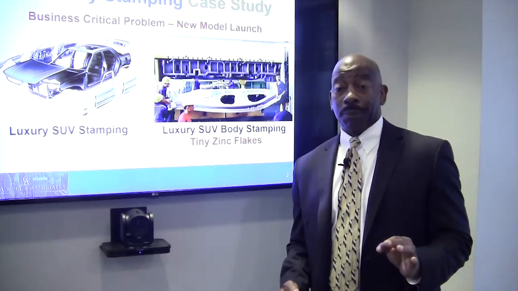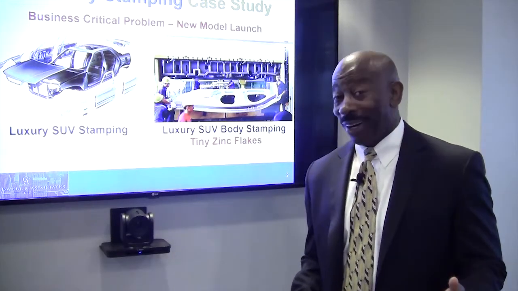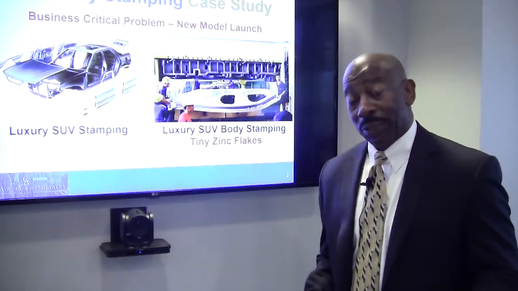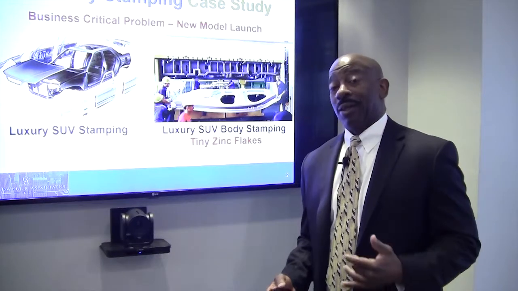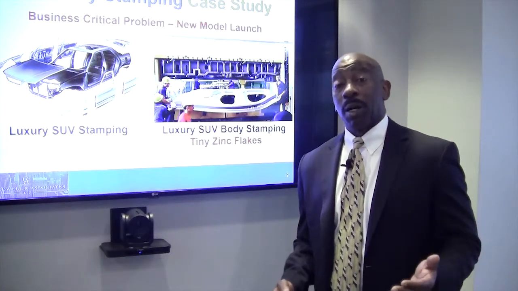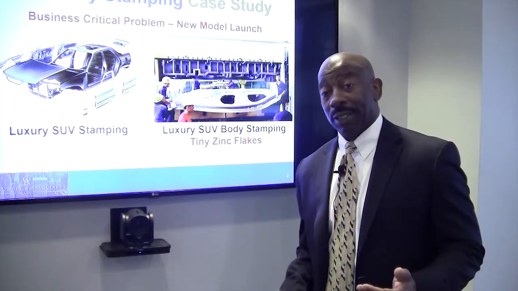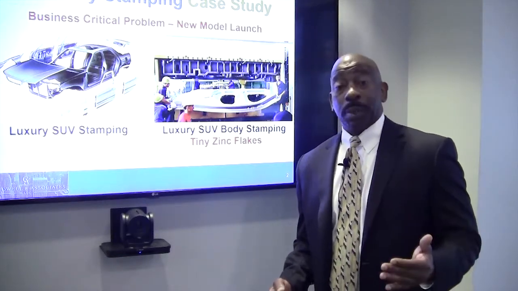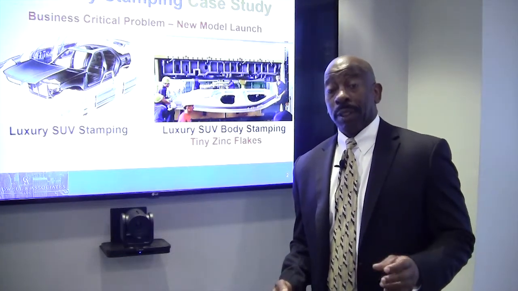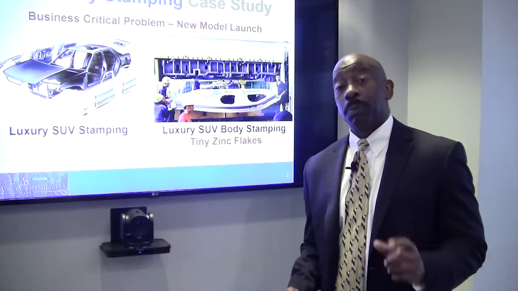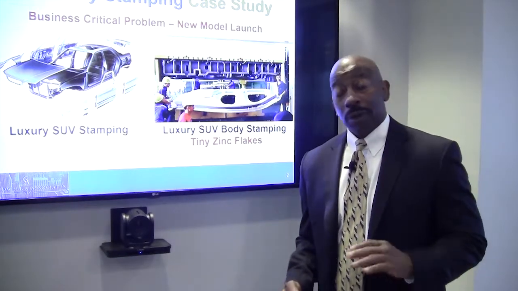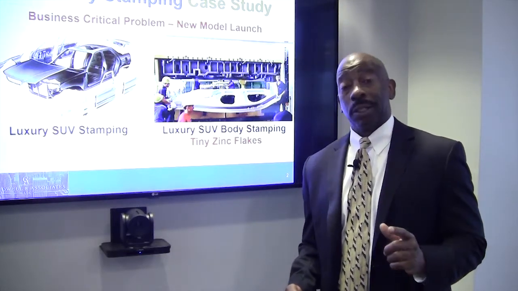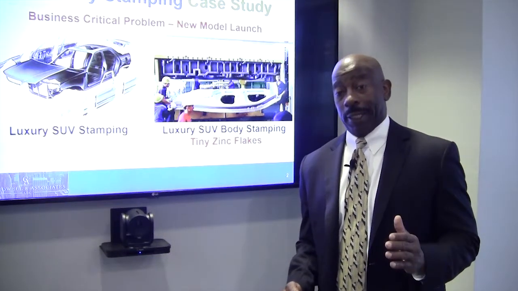That's the problem. Because obviously, in a luxury car, you do not want tiny zinc flakes to get into your production and cause errors and problems in making the car or painting the car. And it slowed up their production rate. So that was a critical business problem. All the other dies were working great, except this one particular one. And that's what made it unique.